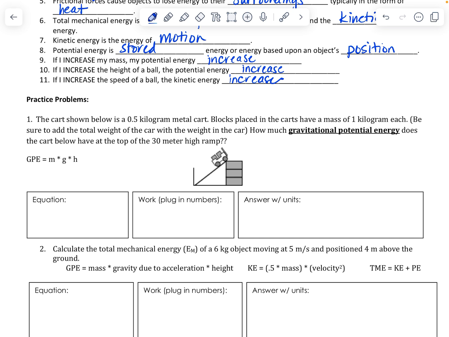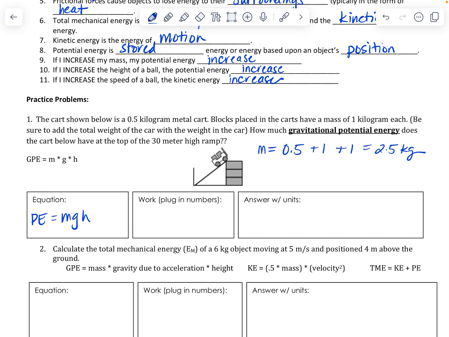So we've got to figure out the mass of the cart first. We have our cart is 0.5 kilograms, and it looks like 2 blocks in there. So we've got 1 plus 1. So our total mass is 2.5 kilograms. Now to find our potential energy, our formula is mass times gravity times height.